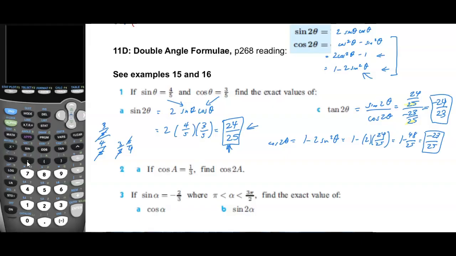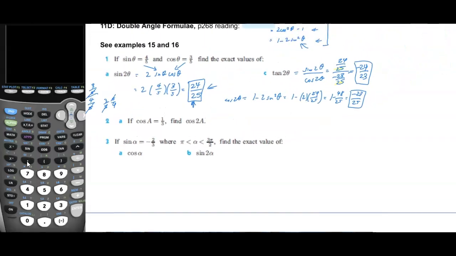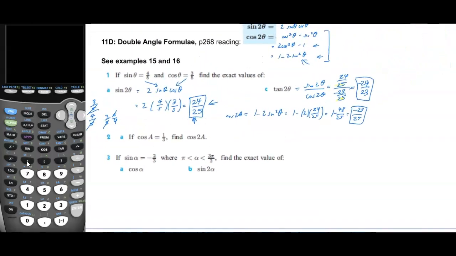Okay? All right. If cosine A is 1/3, find cosine 2A. Okay, so in this case, we're going to use one of these three equations. We only know cosine A, so why would we use any of these except for this one? This one's the best one because it only has cosine in it, right?